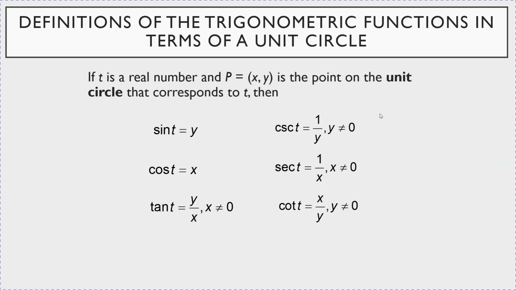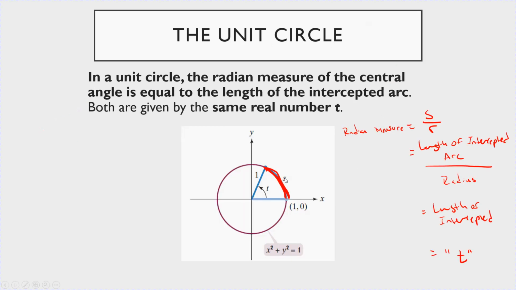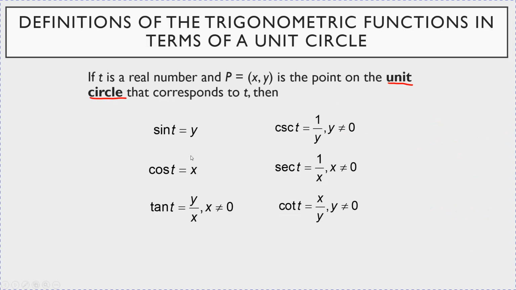If t is a real number and P is equal to (x, y) at some point on the unit circle, so going back, this is some point here, x comma y, on the unit circle, and that point corresponds to some t, some angle t measured in radians, then sine of t is equal to y.